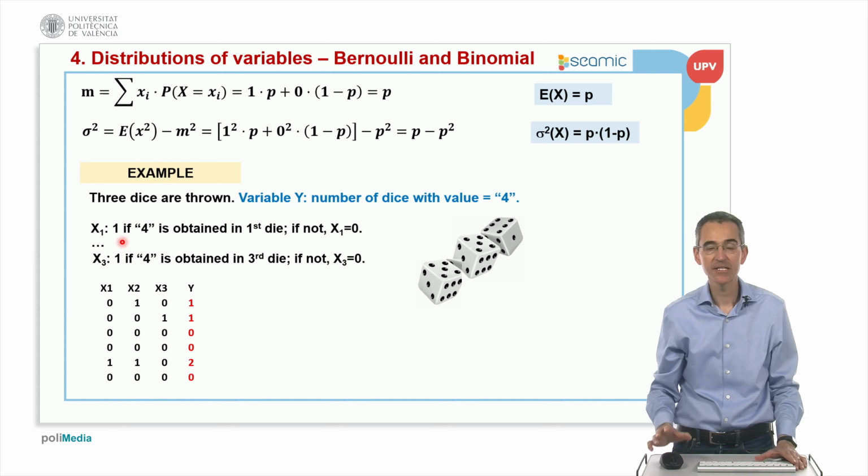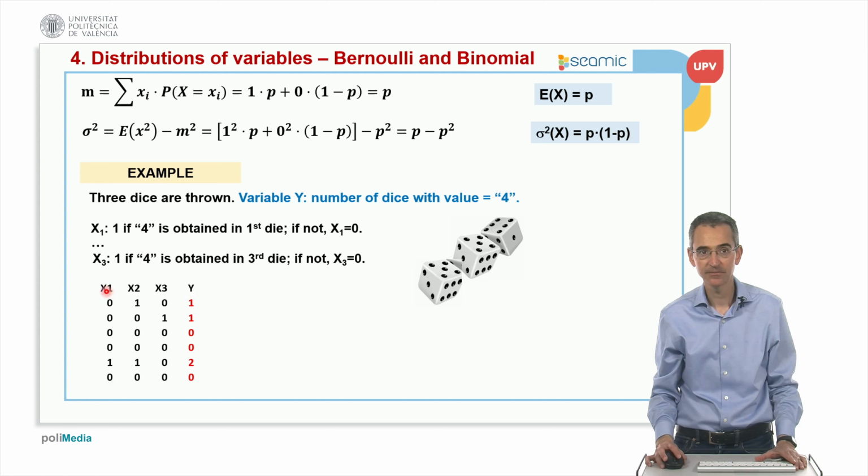What is interesting in this case is that if we sum these 3 Bernoulli variables, the interpretation is the number of times that we get the value 4 when we throw the 3 dice.